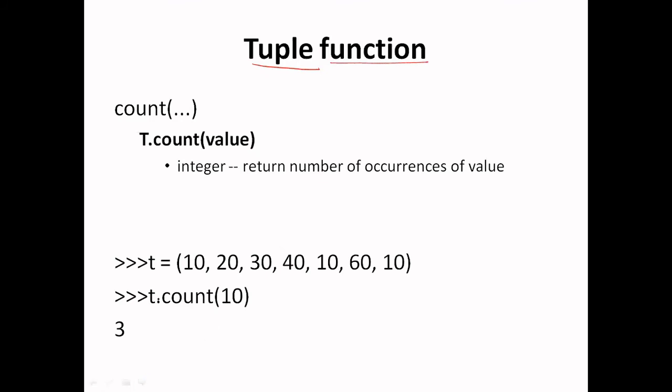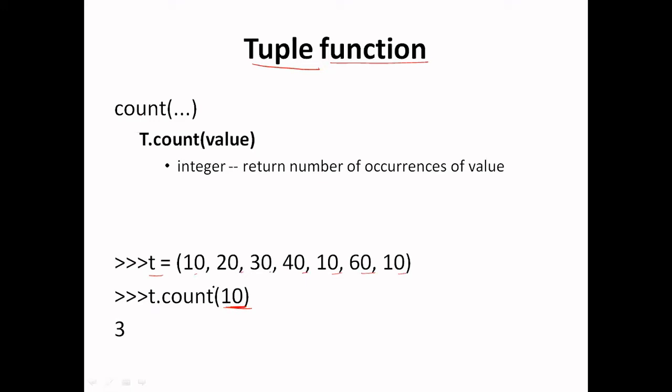In this example, I have taken a tuple object t which has some elements: 10, 20, 30, 40, 10, 60, and 10. If I want to know how many times the element 10 has occurred in this tuple object, I will call the count function. The correct syntax is the tuple object, dot count method, and just pass the value which you want to count.